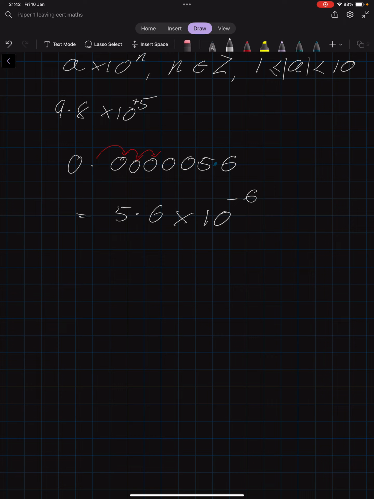And then finally, you could be asked for the order of magnitude. The order of magnitude is just this number. So if they ask you for a difference of order of magnitudes, so what's the difference in the order of magnitude between the first number and the second number, you would say it's 11.